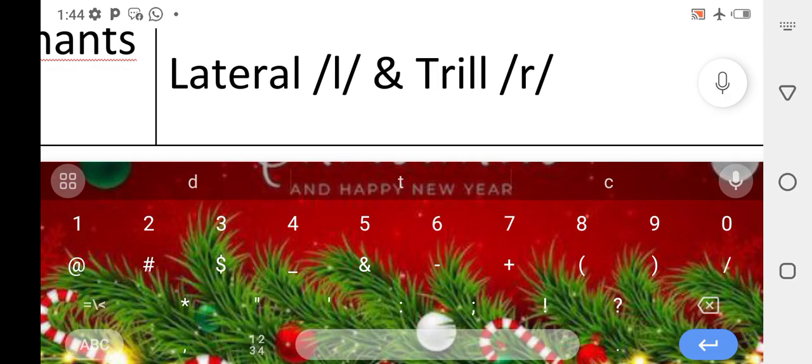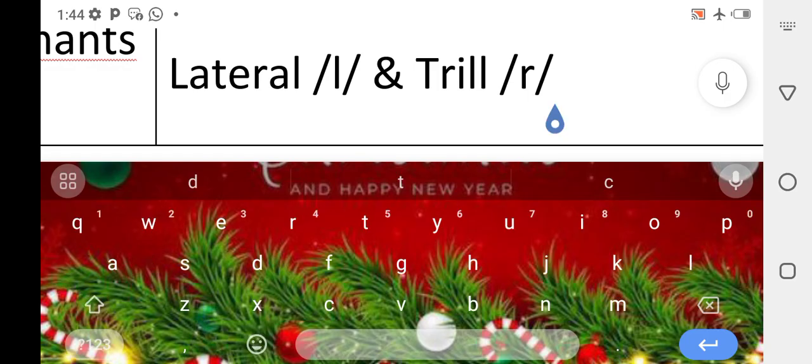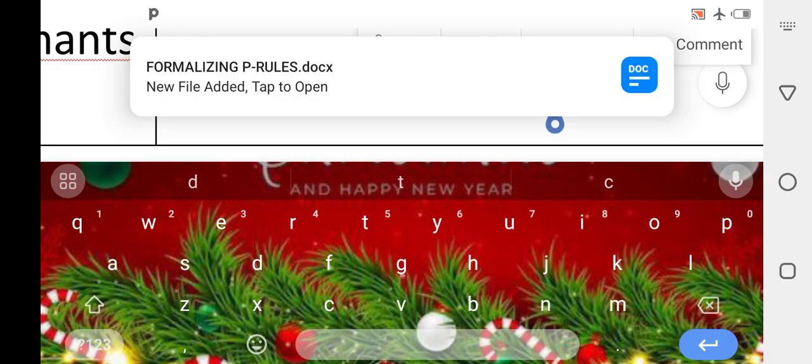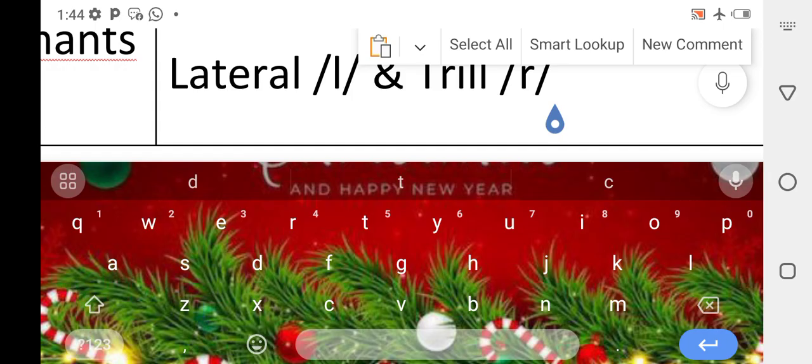In this situation, when they come after a plosive, a voiceless stop, that is what this is looking at.